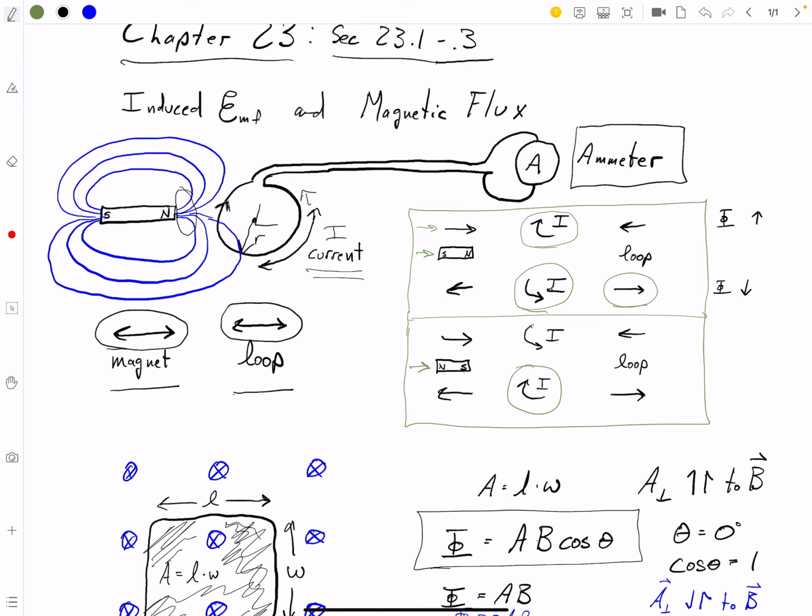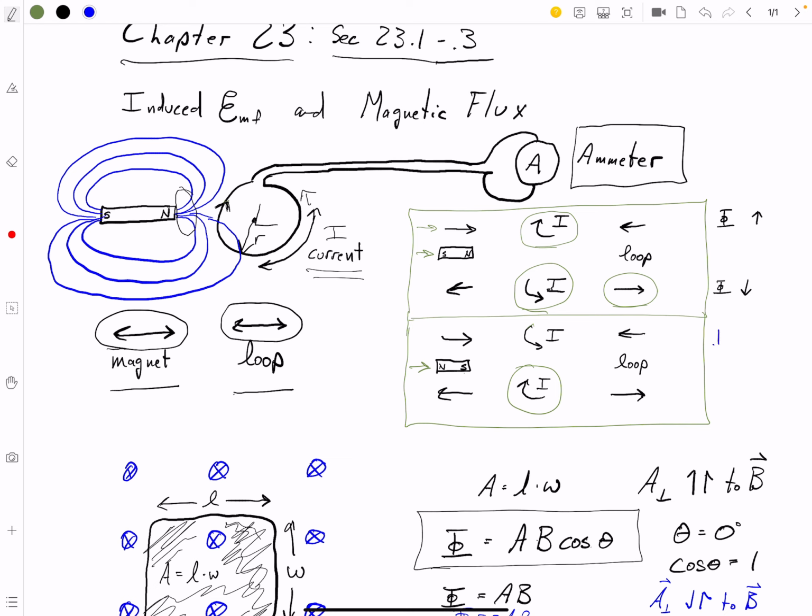And then when we do the negative pole, the opposite end, all we've done is we've flipped B. So our magnetic field, let's do it in blue.